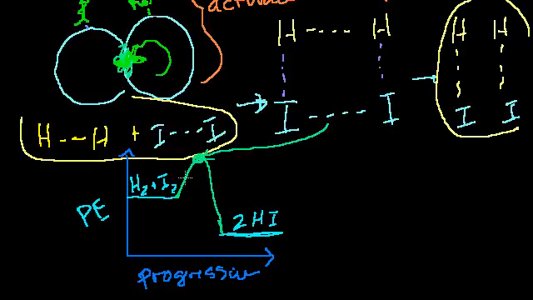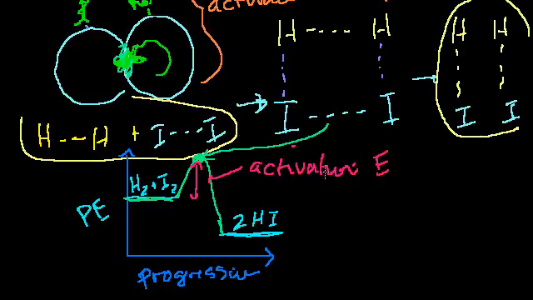We're there. So some energy has to be in the system, and the difference between the energy we're at when we were just hydrogen molecules and iodine molecules, and the energy we have to reach to get this activated state, this distance right here, this is the activation energy. If we're able to somehow put enough energy in the system, then this thing will happen.